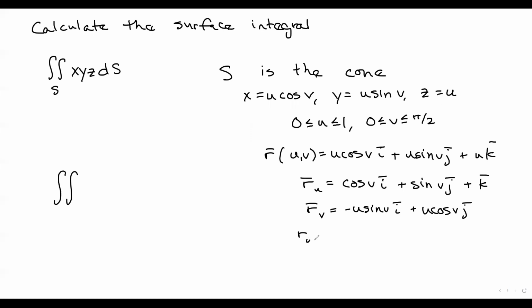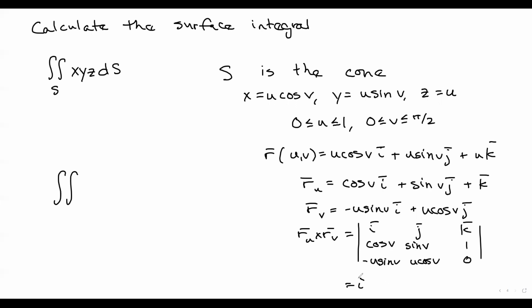And then r_u cross r_v is the determinant of i, j, k; cos v, sine v, 1; negative u sine v, u cos v, 0.